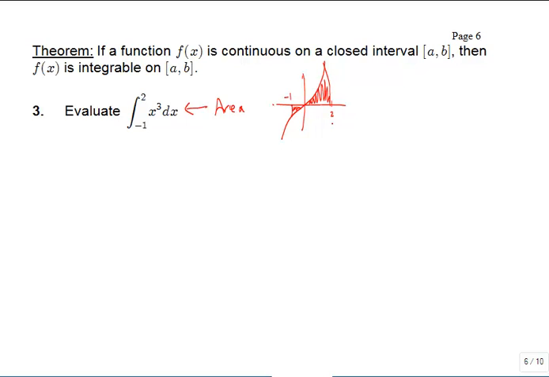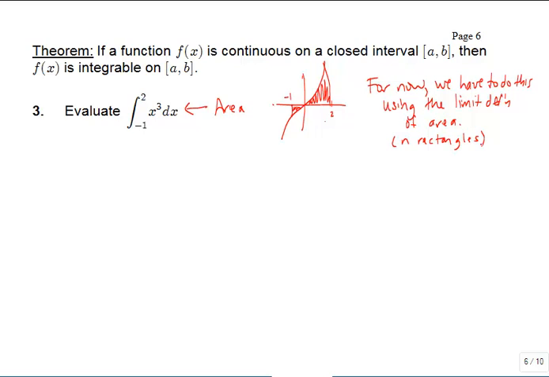And the only way we know how to find those kinds of areas so far is by using rectangles and by using the limit definition of the area. So up to now, for now, we have to do this using the limit definition of area.